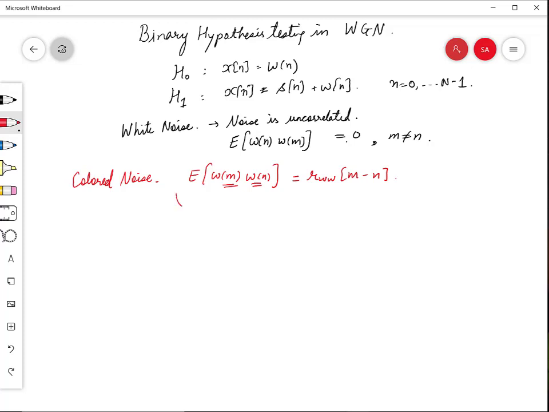And such a noise process is called a wide sense stationary noise process.